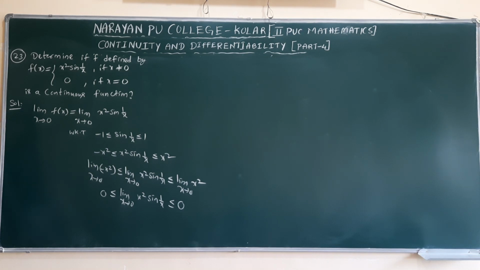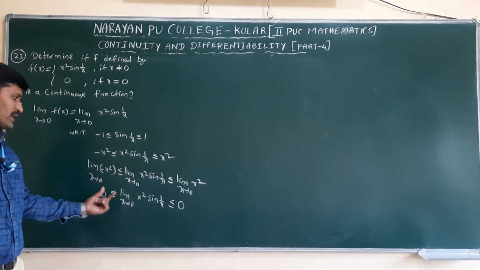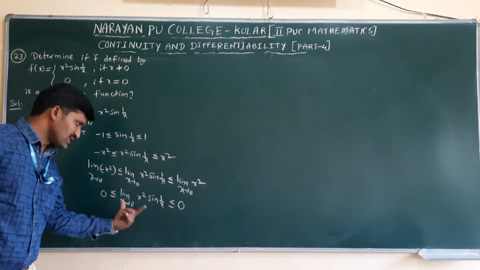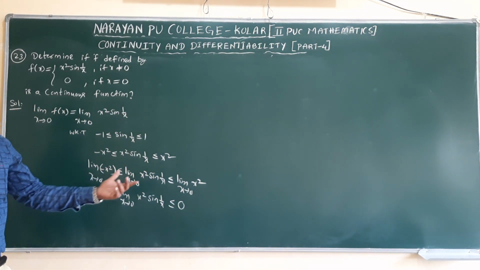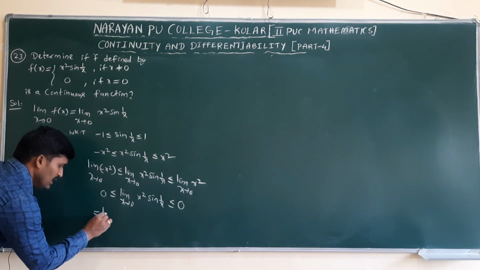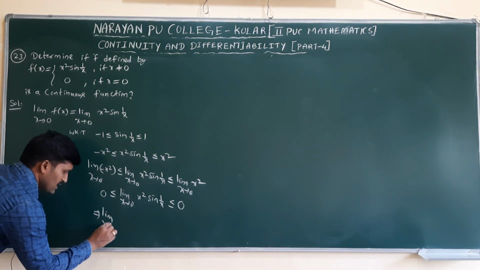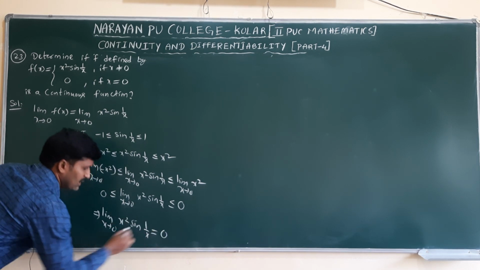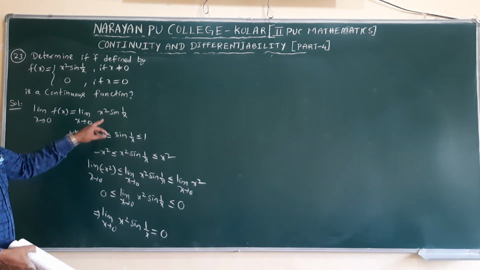By the sandwich theorem, when the left and right neighborhood values are both 0, the middle value is also 0. So finally we conclude limit x tends to 0 of x square into sin of 1 by x is clearly 0. Don't substitute directly in this case.